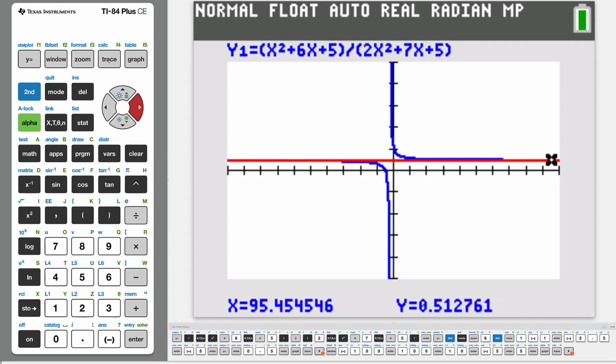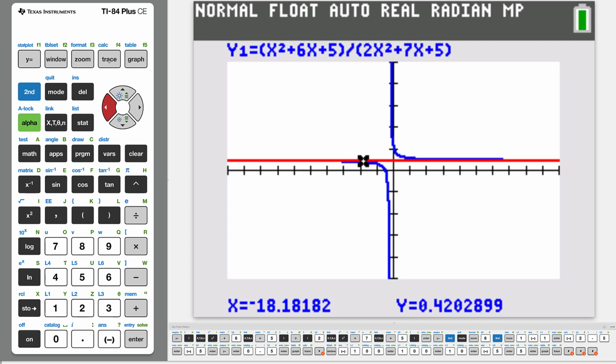So look at the behavior of this function. I'm almost at 100 right there. I'm almost about to leave the window. You can see that the x value is 95, but the y value is like 0.51. You can go as far to the right as you want, and the y value is never going to go below 0.5. Likewise, if you trace the other side of this, it's going to jump over the asymptote. There it is.